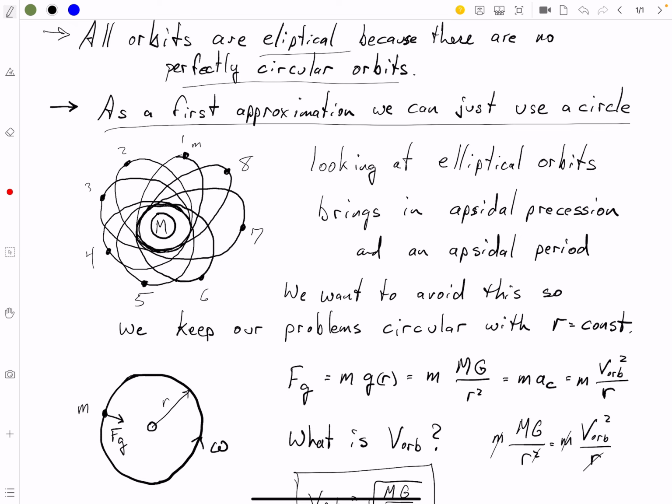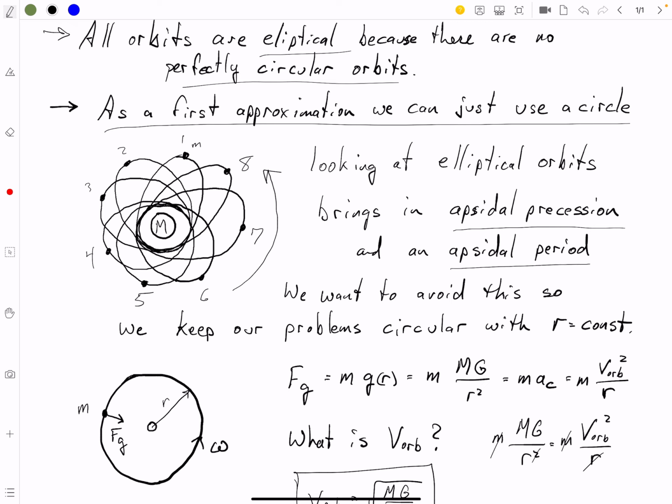In a typical orbit. So what do we call that? We call that apsidal precession. So this is the precession that happens, even though each of those loops is technically one period. And so that gives us an apsidal period.